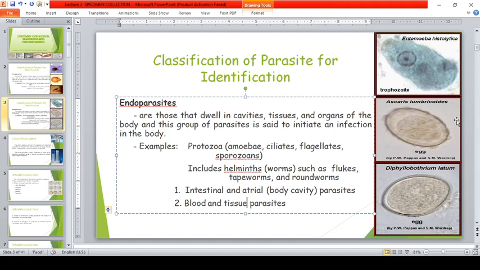Unholy trinity indicates that it is common for a child to be infected with all three parasites. So imagine nyo na lang yung isang bata na at the same time infected with the three parasites. That's why they are referred to as the unholy trinity.